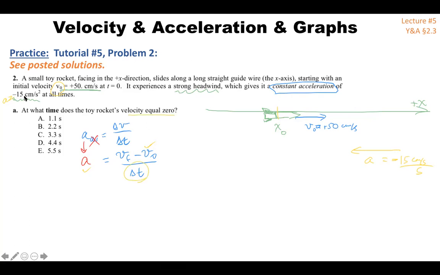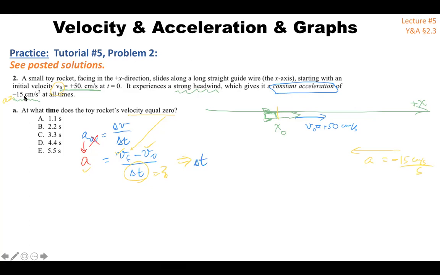It's not final as an end of the whole trip, but v final is known, that's going to be 0, and then we can solve for t. Okay, so let's now do a little more algebra. We want to find t.